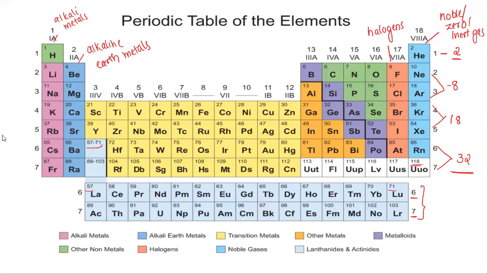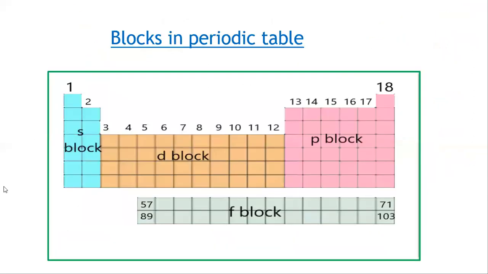this periodic table. These elements are again classified into blocks. They are also classified on the basis of blocks. See this first and second group. First and second group is known as S block. They are known as S block elements.